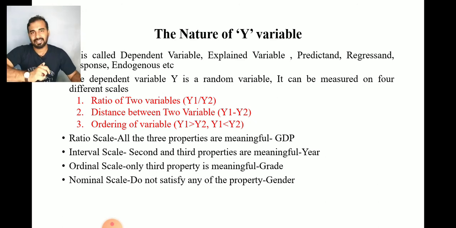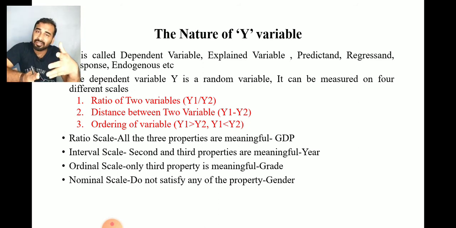Is it okay? Yes. Then coming to ordinal scale variable. What is an ordinal scale variable? Only the third property is meaningful. All other properties will not exist. Take the case of your grade. Your grade looks like A, B, C, D, E, or A plus, B plus, C plus, something like that. Okay?